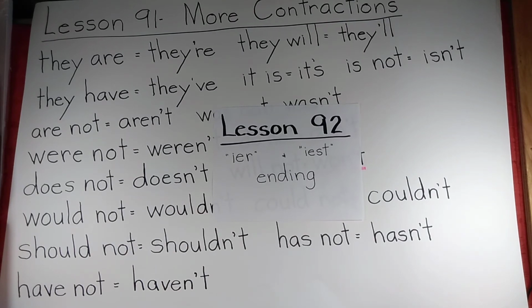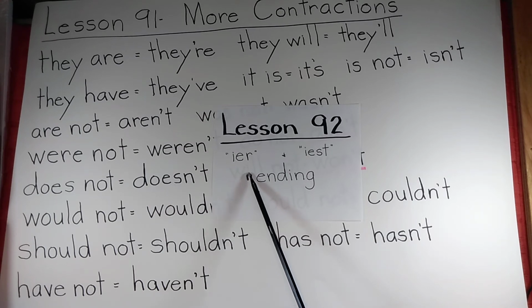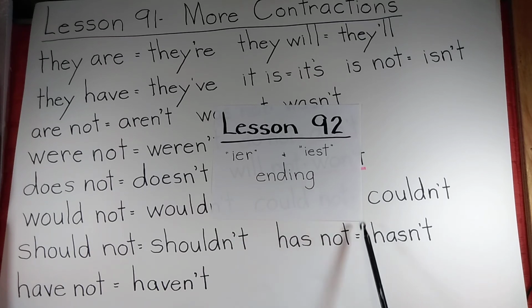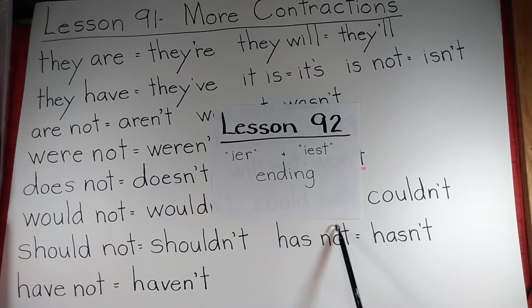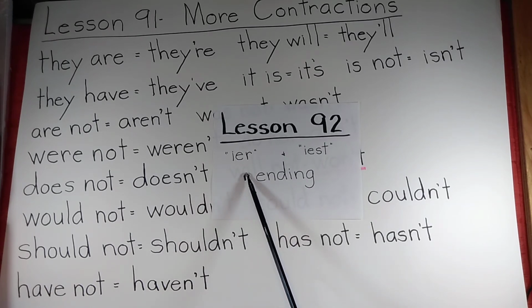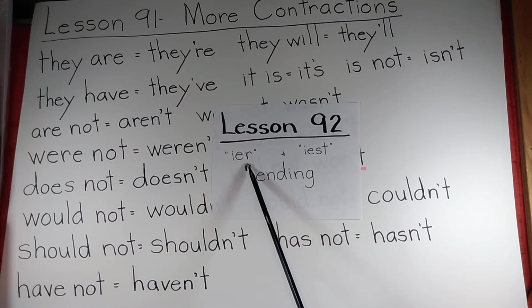Okay, our next lesson, lesson 92, we're going to have two endings, IER and IEST. And these endings help us compare things. If you're comparing two things and want to show that one is more than the other, you use IER, ER. For example, let's say a lady is looking at dresses, and she looks at one dress, and then she looks at another dress, dress number 2, and she says, dress number 2 is prettier than dress number 1.